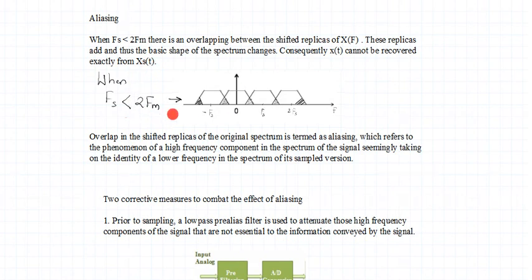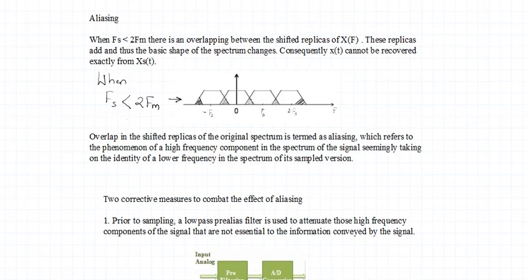So aliasing occurs when the sampling frequency is less than twice Fm. Overlap in the shifted replicas of the original spectrum is termed aliasing, which refers to the phenomenon of a high frequency component in the spectrum of the signal seemingly taking the identity of a low frequency component in the signal. What is the meaning of this statement?